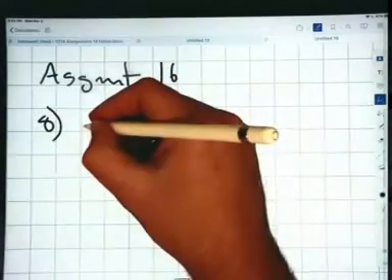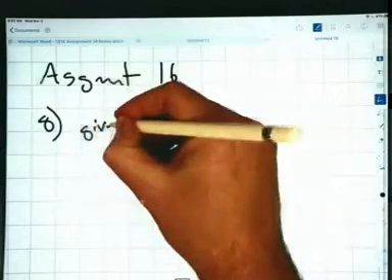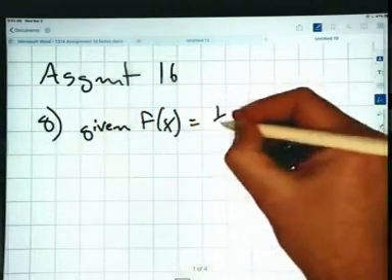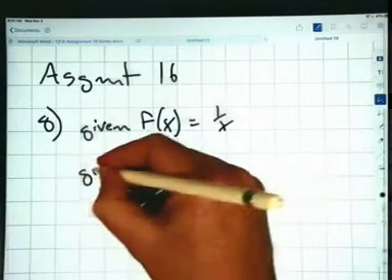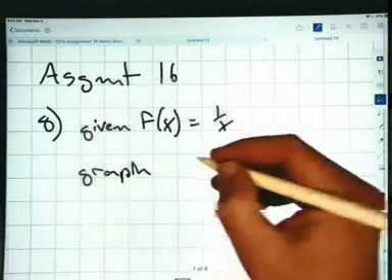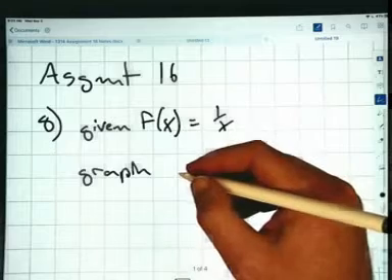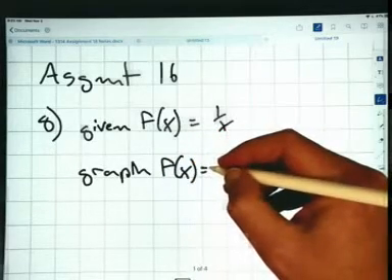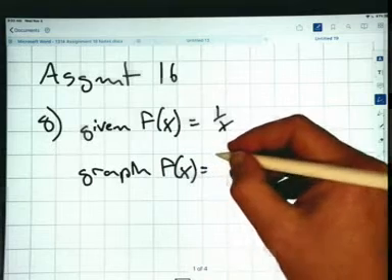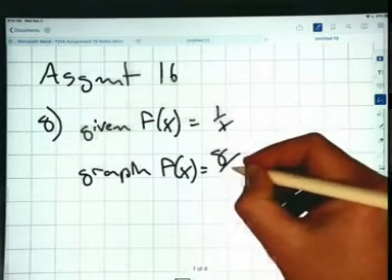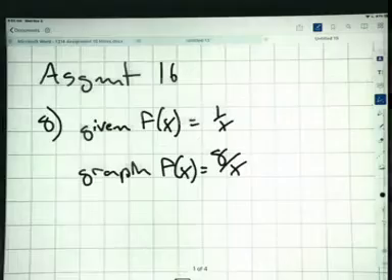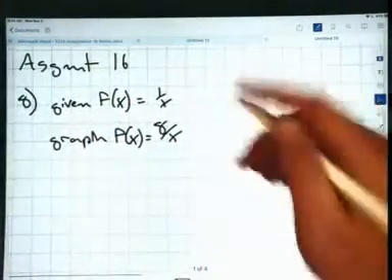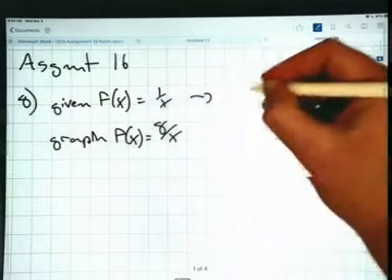we are given f of x is equal to 1 over x, and we are told to graph f of x is equal to 8 over x, correct? 8 over x. Okay. So, real quickly, I just want to take a quick reminder of what the graph of 1 over x looks like.